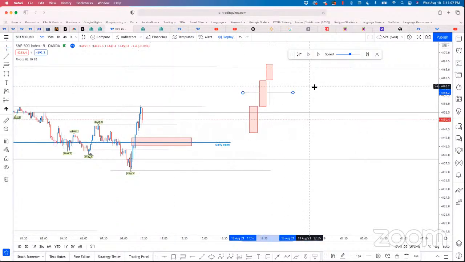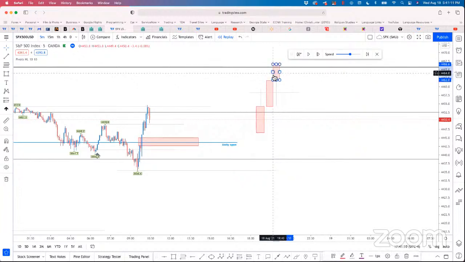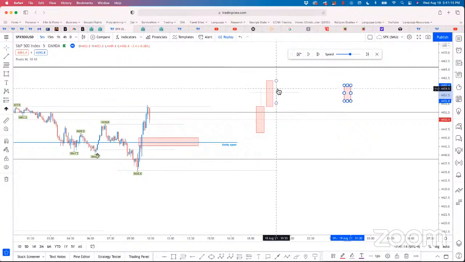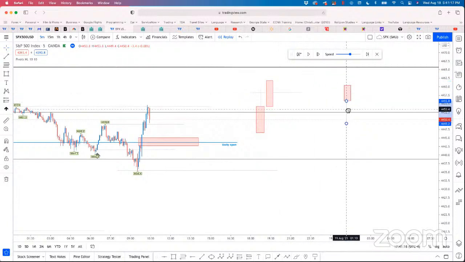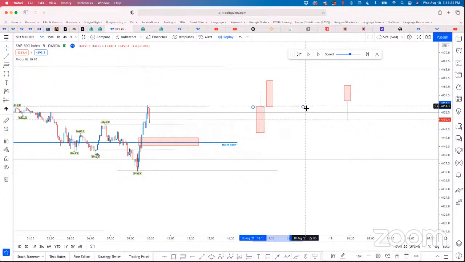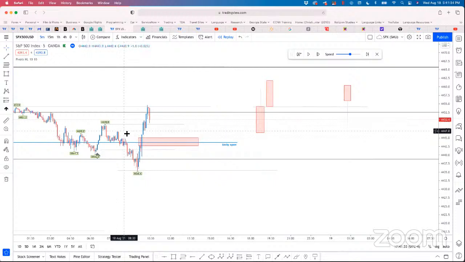Sometimes you'll see later on down the road that this situation will happen somewhere else, and you'll get your rebalance deeper into it. And this is what happened on this candle. So remember how this looks, right?